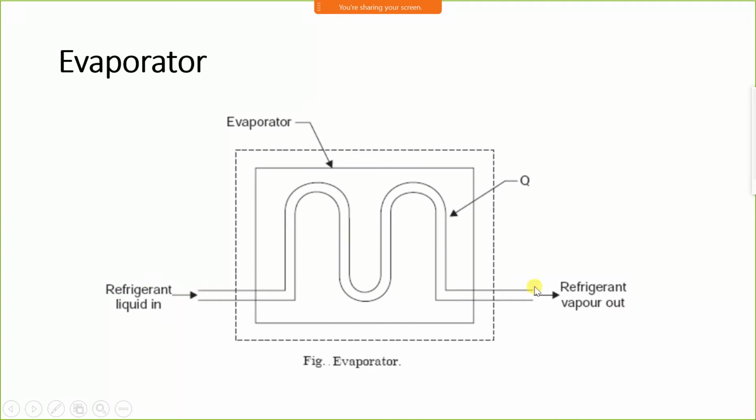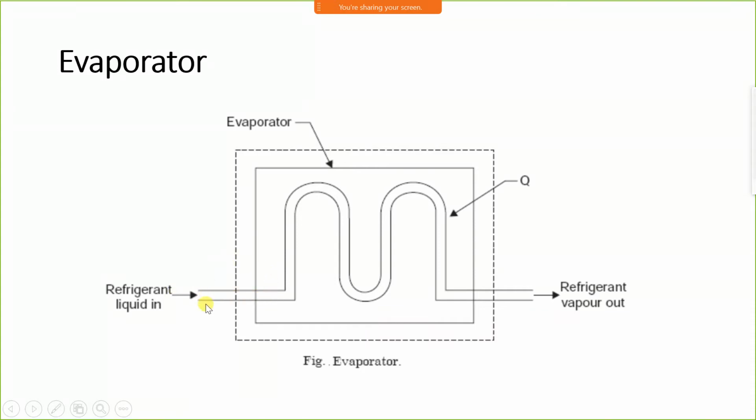Since inlet and outlet are at same level, therefore no change in potential energy. Since inlet velocity and outlet velocity of the fluid is same, therefore no change in kinetic energy. It means change in potential energy is zero, change in kinetic energy is zero, no work done, only heat transfer takes place.